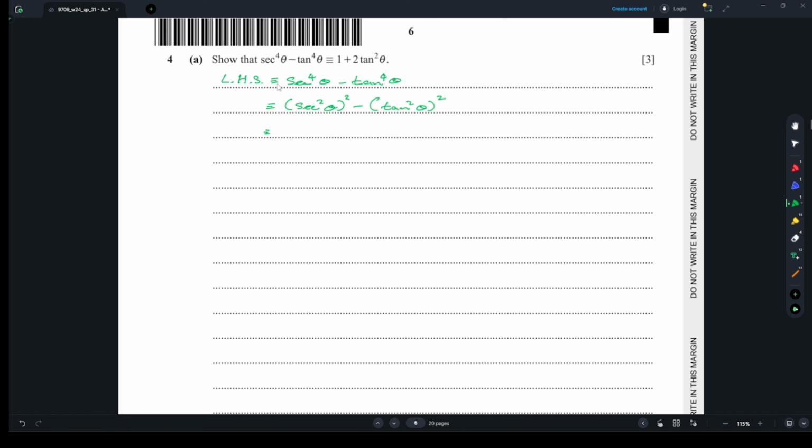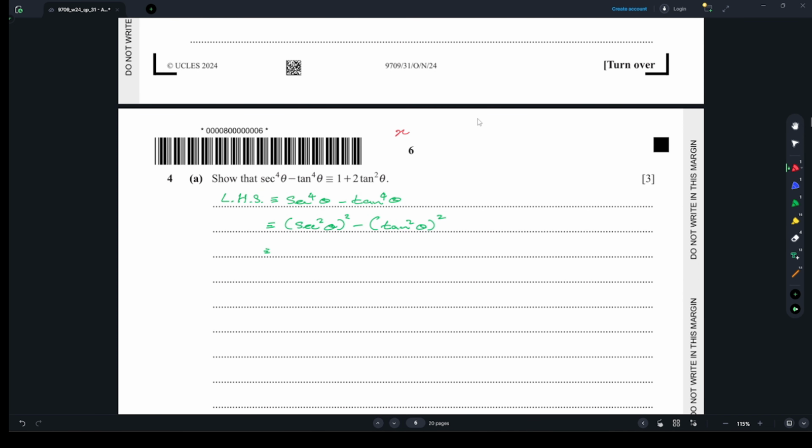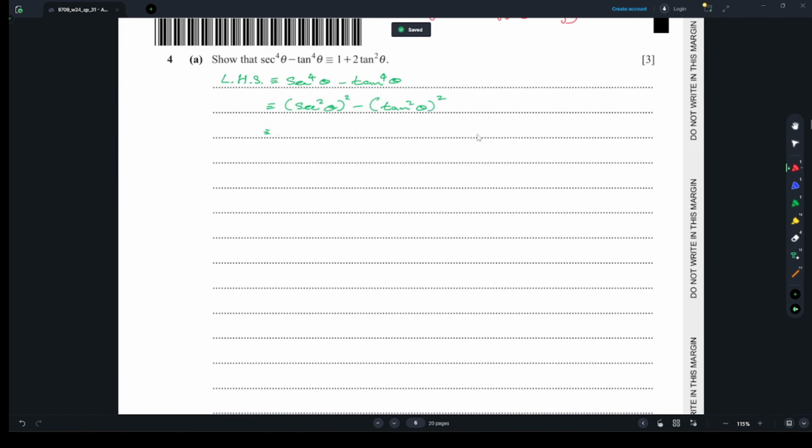Okay. And then what we can do here. There are different methods, and I will show you another method to do this. From here I can use the concept that when you have x square minus y square, we can write it as x plus y times x minus y, right?